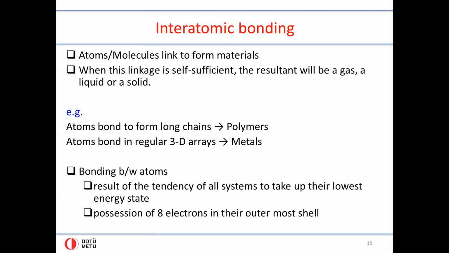Hence, a solid has a greater desire to maintain the distance between neighboring atoms. So in iron, an iron atom is connected to another iron atom, connected to another iron atom, connected to another iron atom.